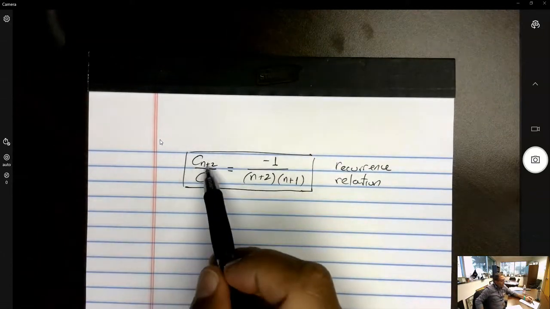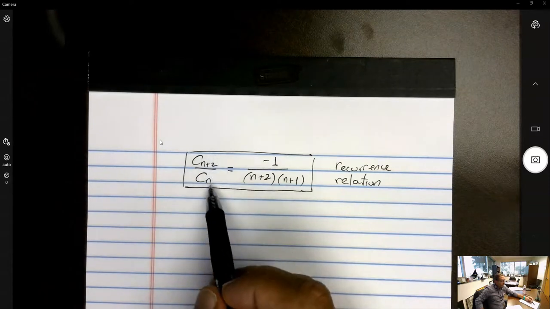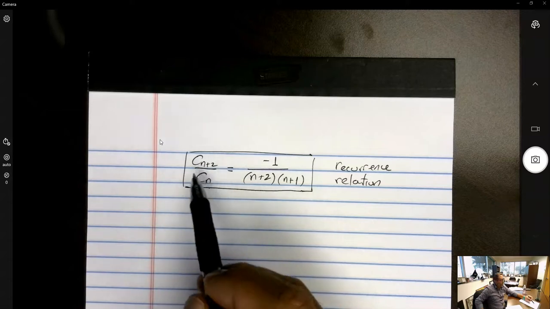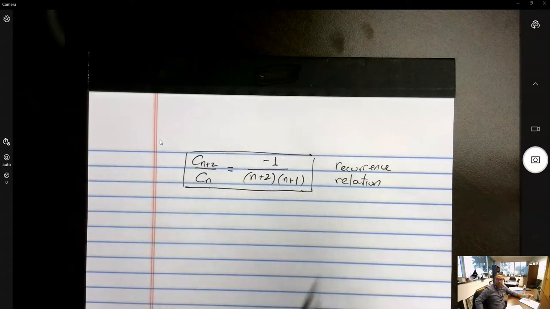So it relates C2 to C0, it relates C4 to C2, it relates C6 to C4. It also relates the odd ones. It relates C3 to C1, C5 to C3, and so on, right?